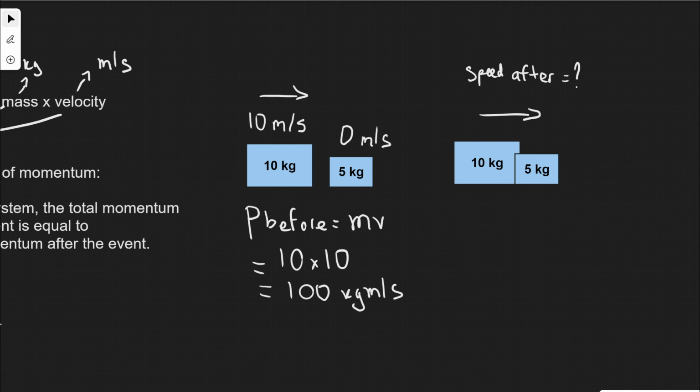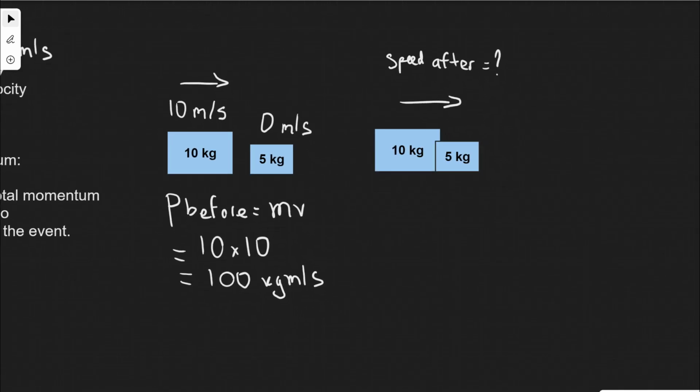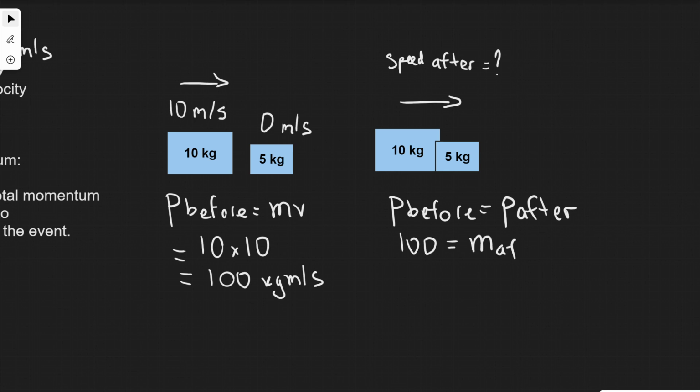Okay, well, the total momentum before will be equal to the total momentum after, and we can use that to calculate the total speed after the collision if those two objects have collided. So the total momentum before was 100, and that's equal to the momentum after, which is equal to the total mass after multiplied by the speed after the collision. I should have just called these M2 and V2.